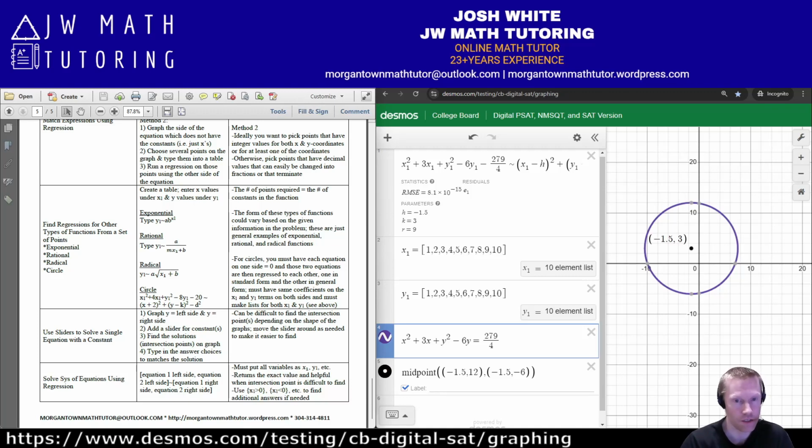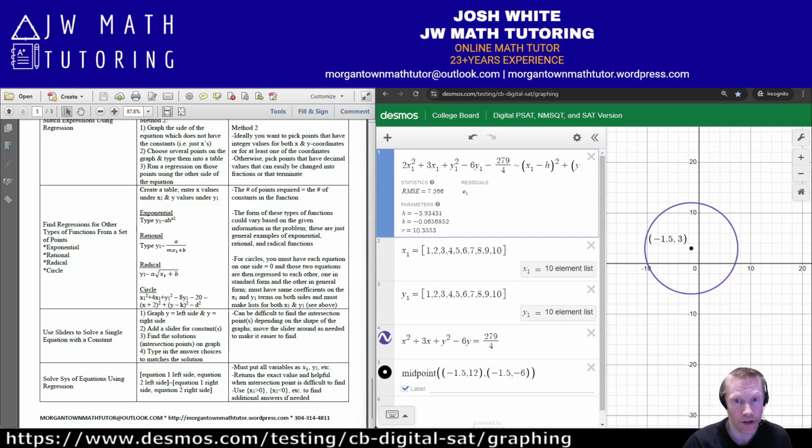One other thing to mention too for this, if you're trying to do regression with circles, you have to have the same coefficients in front of the x1 squared and y1 squared terms on both sides. So that means if this had a 2 in front of it and this had a 2 in front of it, like that completely messes everything up and it's not going to work.